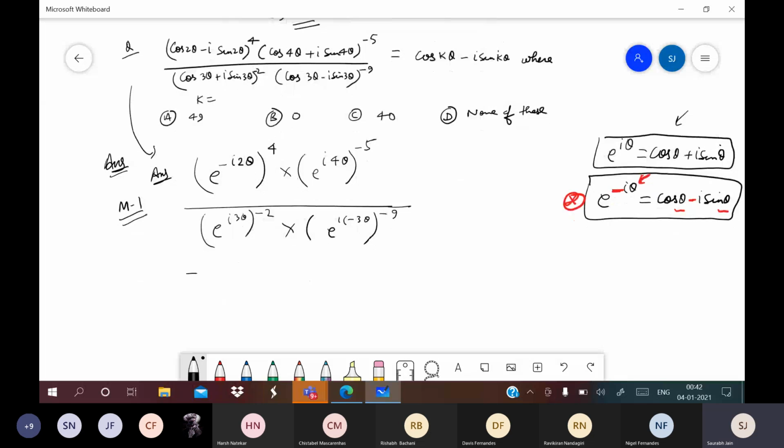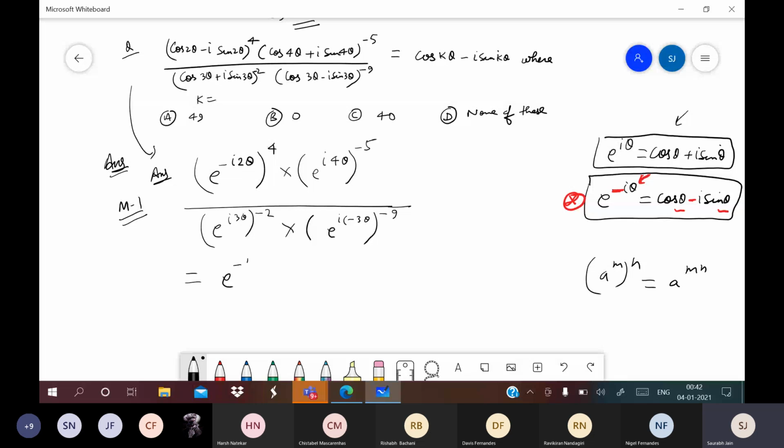Let us simplify this. Okay. So e to the power minus iota 2 theta, this to the power 4. We will use this property of exponent that a to the power m to the power n is a to the power m into n. We multiply the powers, right?